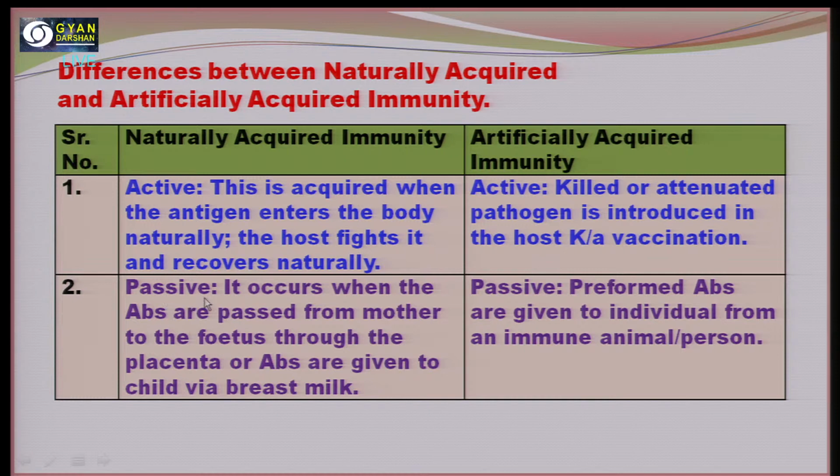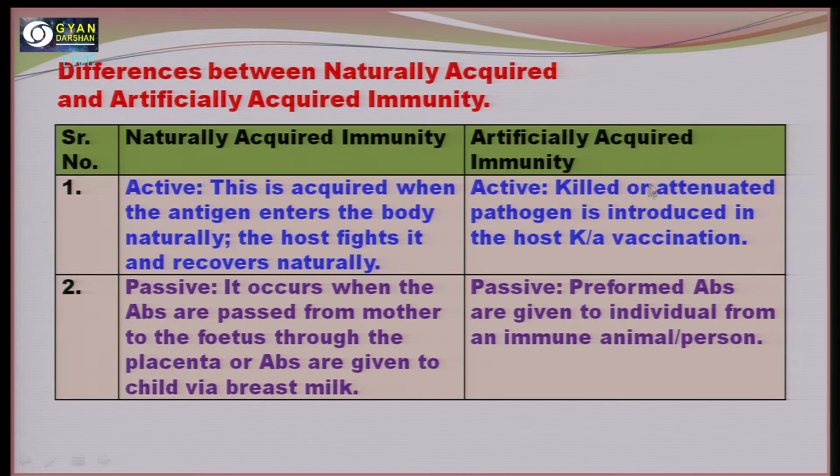The passive form occurs when antibodies are passed from the mother to the fetus through the placenta, or given to the child by breast milk. So you can say it is naturally acquired immunity.